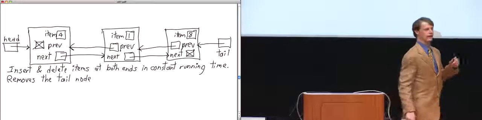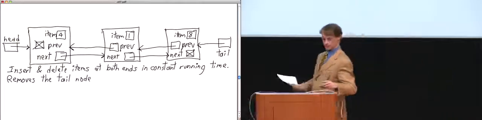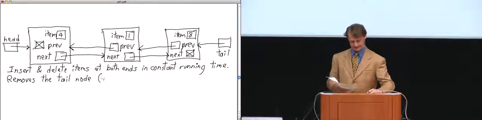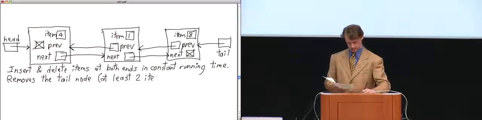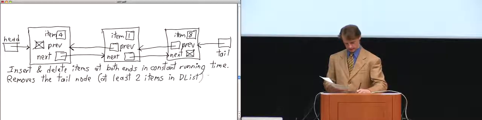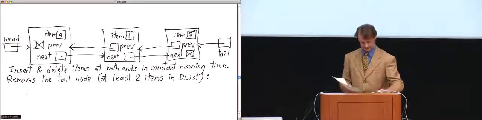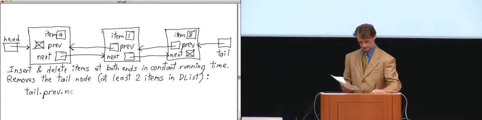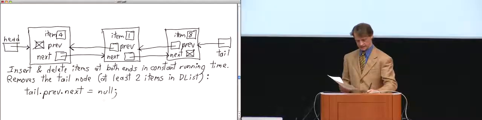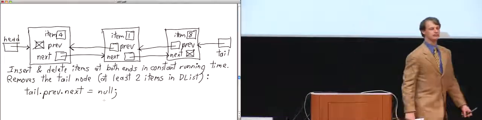I want to give you a caveat. This doesn't always work. It only works on lists that have at least 2 items. But I want to show you how to do this. So first, I'm going to find the new tail of the list and set its next pointer to null.